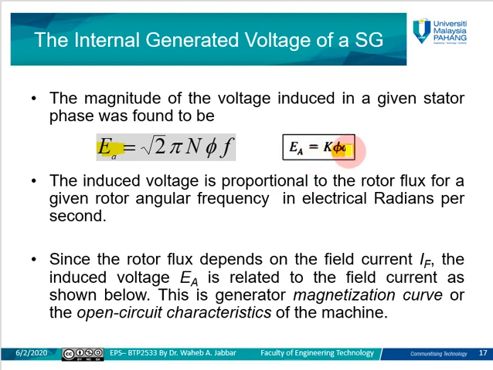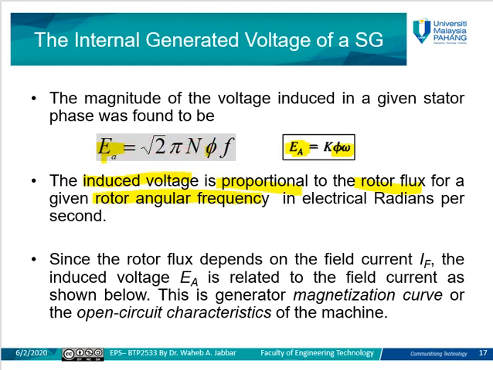The angular speed of the rotor, in addition to the produced magnetic flux, will decide the value of voltage induced in the stator winding. This value will be the output voltage of our synchronous generator. As we can see here, the induced voltage is proportional to the rotor flux for a given rotor angular frequency. So for a specific frequency, there is a proportional relation between the voltage and the magnetic flux.